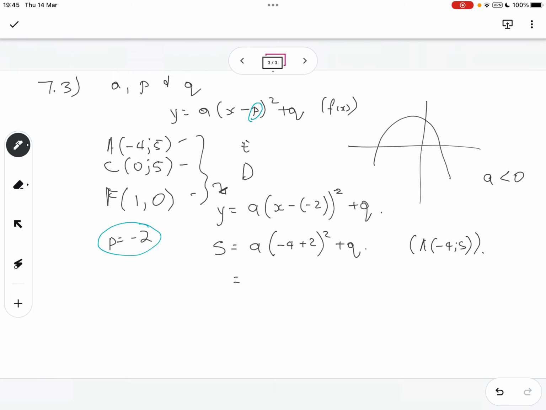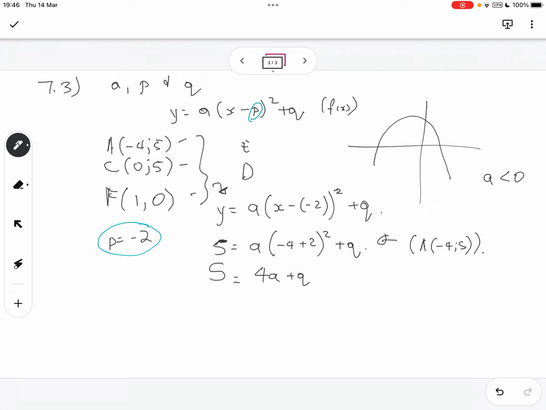So we've taken the point A, which is (-4, 5), and substituted it into the equation there. Then what we have is -4 plus 2 is -2, squared. That gives us 4a plus q equals 5.